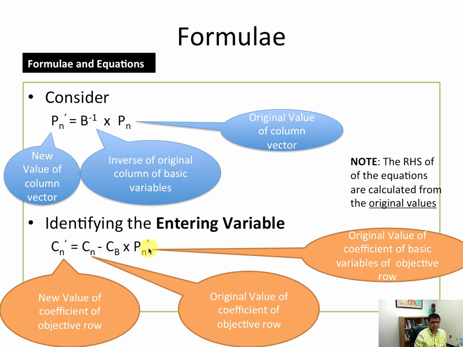You may want to notice that in both of these equations, the right hand sides are calculated from the original values, meaning the matrices that we defined on the previous slide.